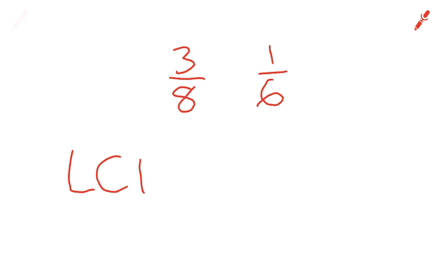Next one, 3 over 8 and 1 over 6. Your LCD is going to be 24. That's the lowest number that 8 and 6 will evenly go into.